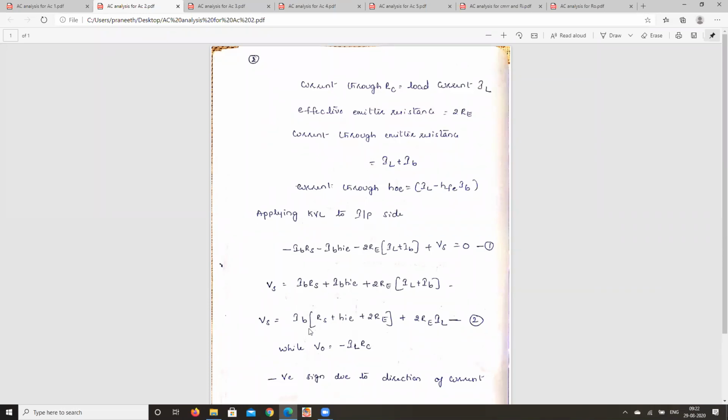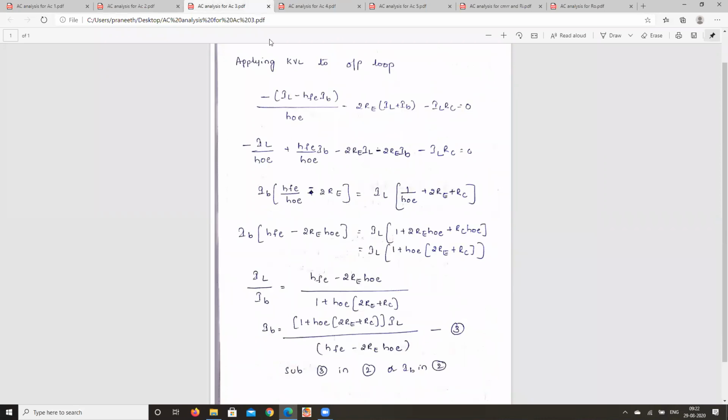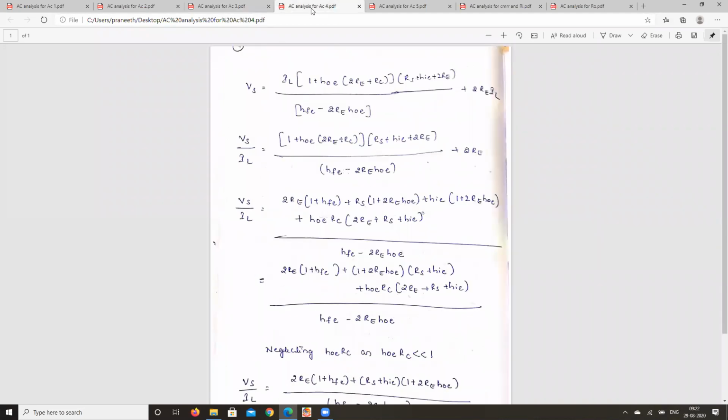Substitute whatever you have got for IB in that expression and start simplifying. After substituting IB in Vs, it is IL into (1 plus HOE into (2Re plus Rc)) into (Rs plus Hie plus 2Re) by (HFe minus 2Re HOE), plus 2Re IL.